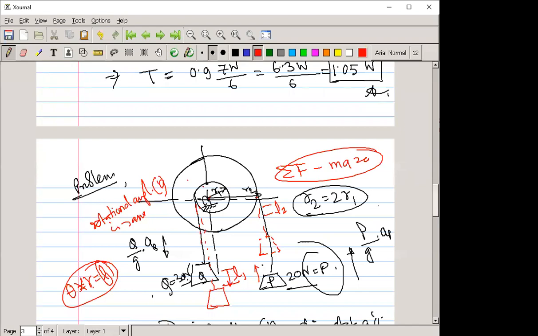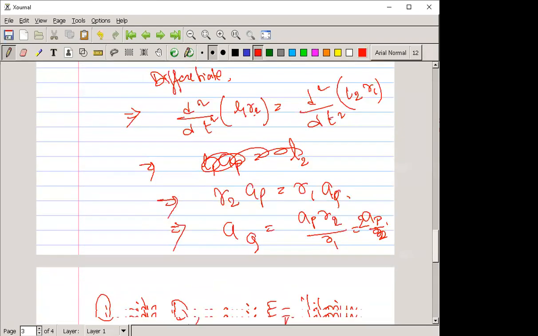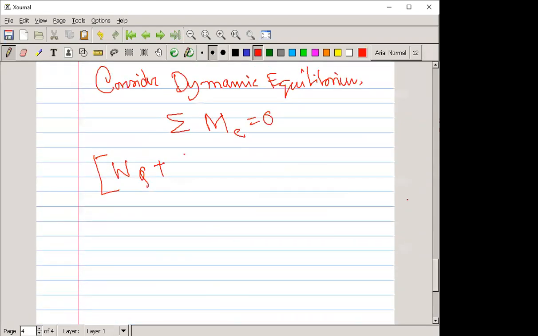So here we have to write WQ by G. Here it is plus because it goes in the downward direction. As you remember, whichever goes downward and whichever goes upward, we have to change their positive and negative direction.